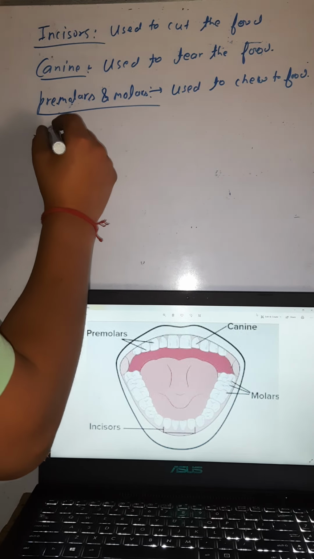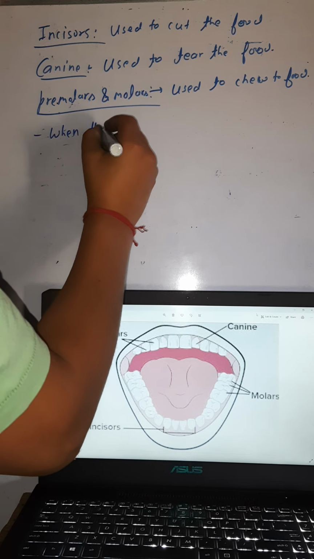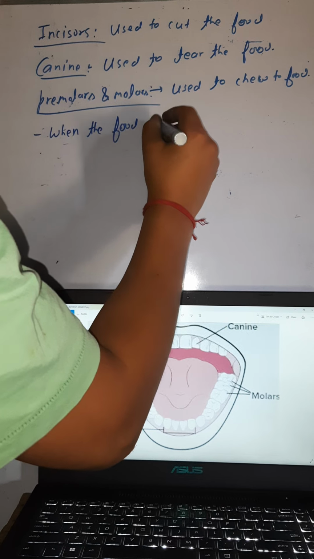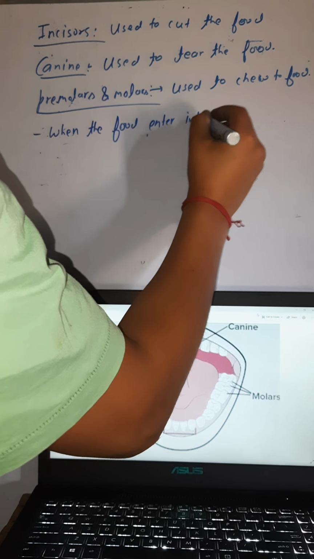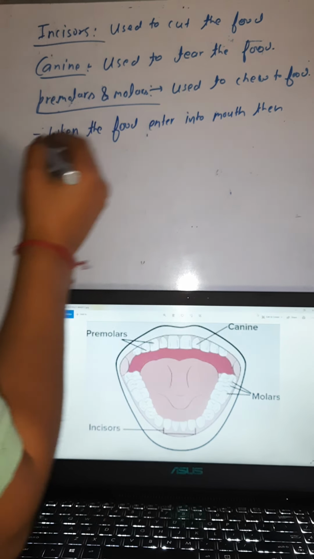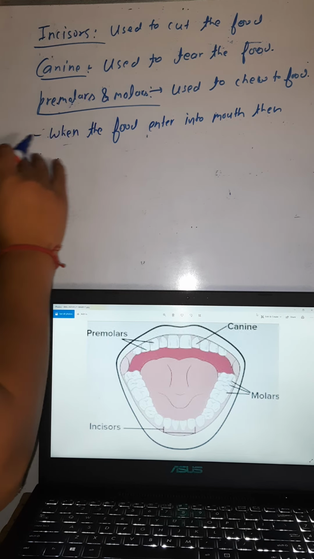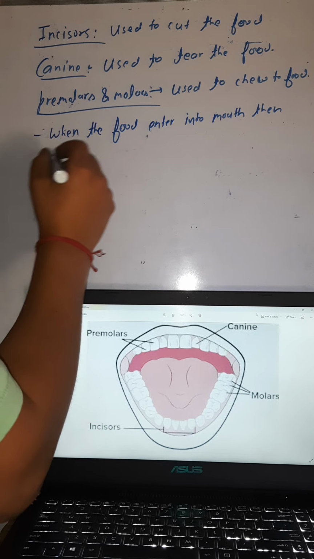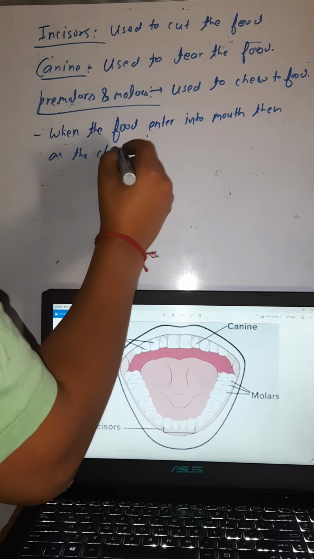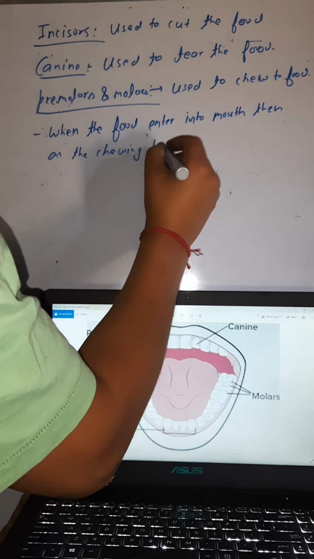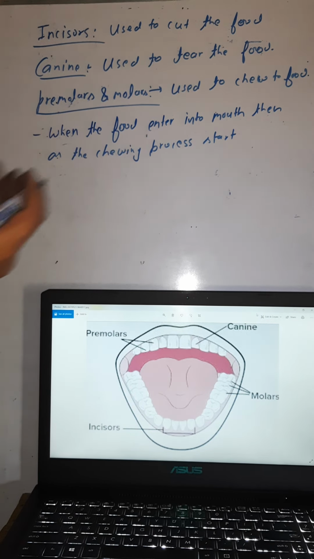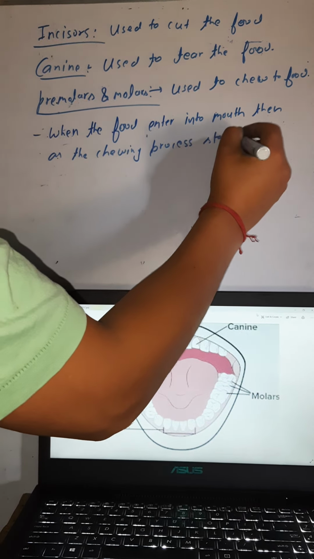So when food enters into the mouth, then as the chewing process starts, what happens during that time?